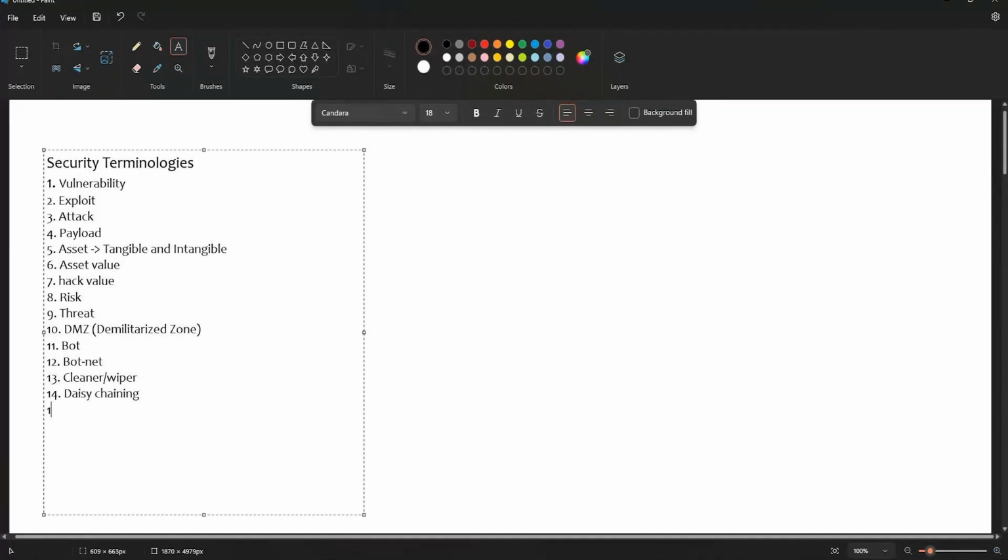Perfect. The next one is known as PII. What is PII? What does it stand for? Personally identifiable information, right? Now, what is personally identifiable information?